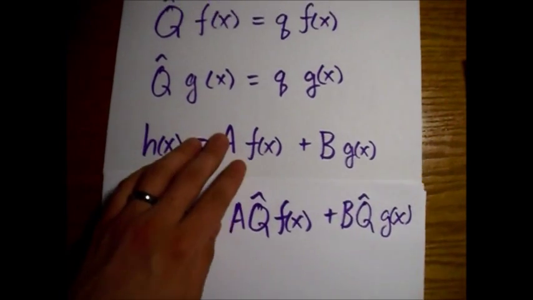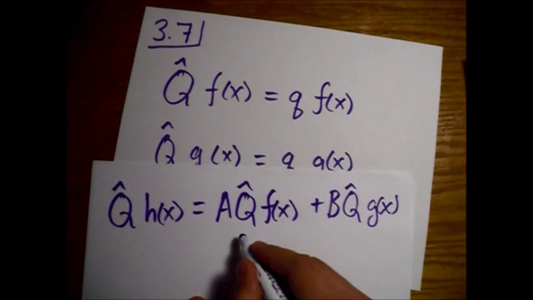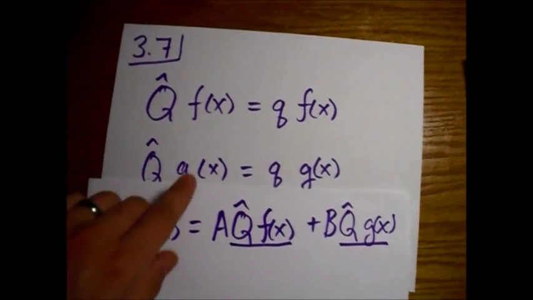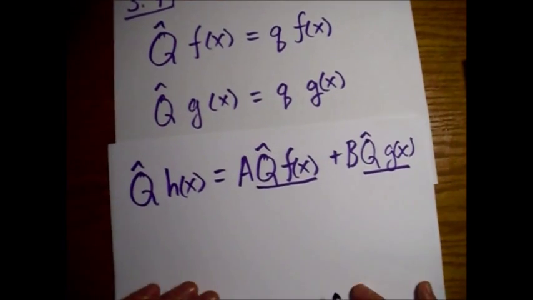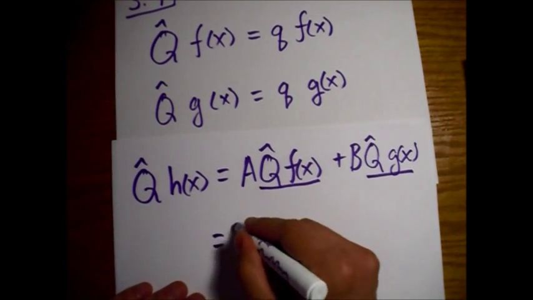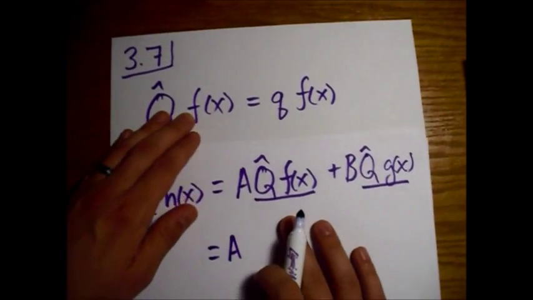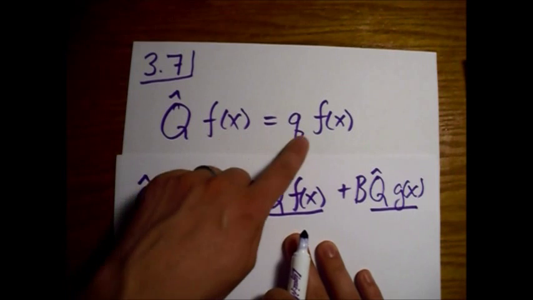Now we can look at this part and this part, which we have up here. So we have the constant out front, and now we have this big Q acting on this f of x.